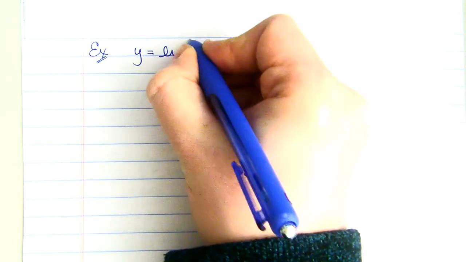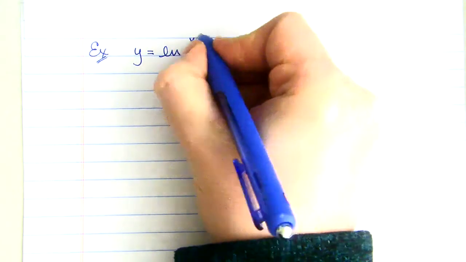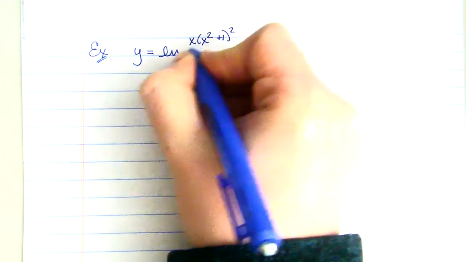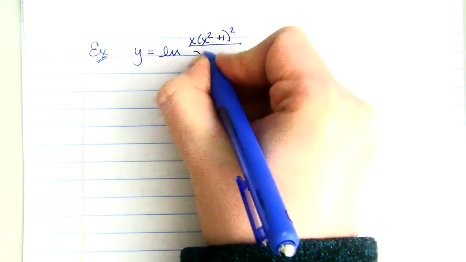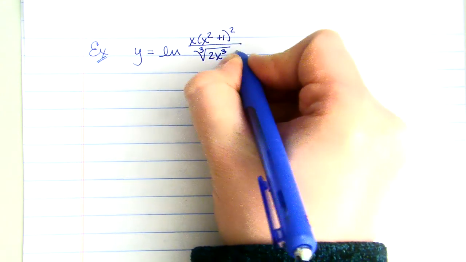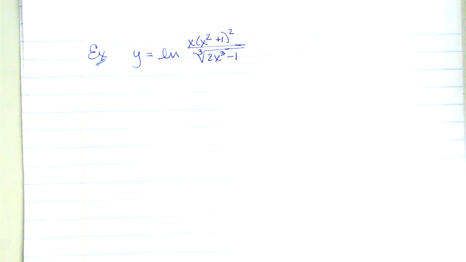Another piece of paper. Okay, let's see. Where are we? I want you to find the derivative of this mess. Y equals the natural log of x times x squared plus 1 squared over cube root of 2x cubed minus 1.